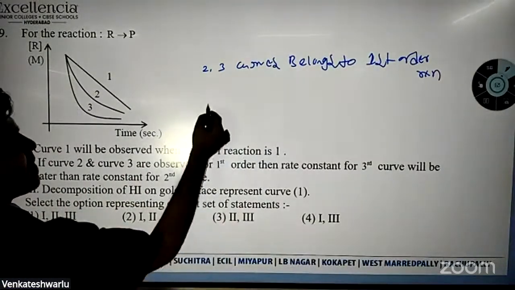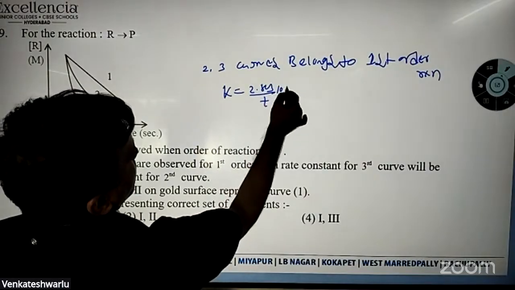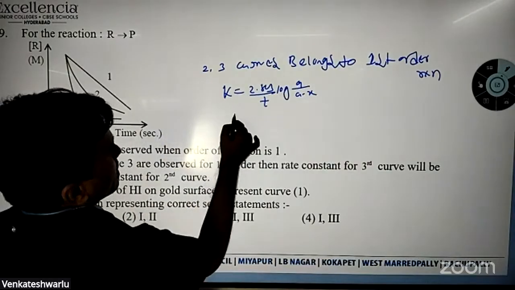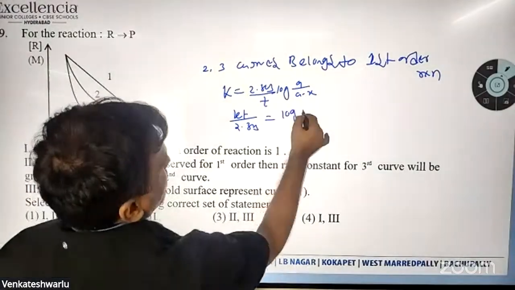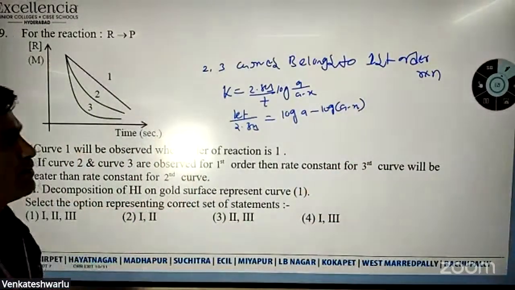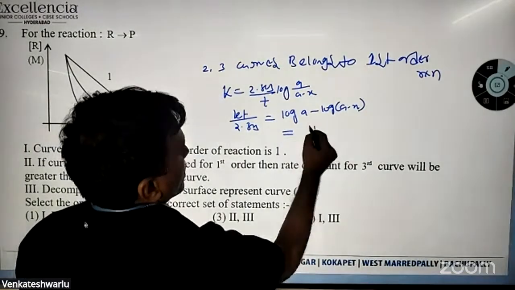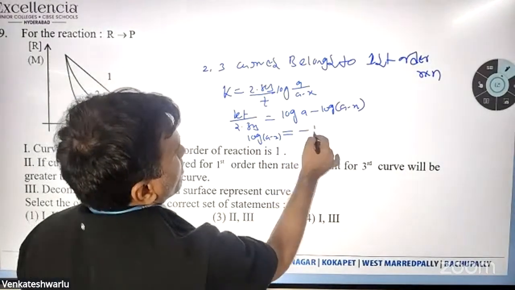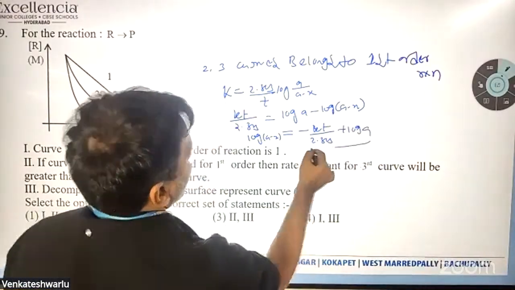The first order equation is k = 2.303/t log a/(a-x). So kt/2.303 is equal to log a minus log (a-x), so log(a-x) is equal to minus kt/2.303 plus log a.